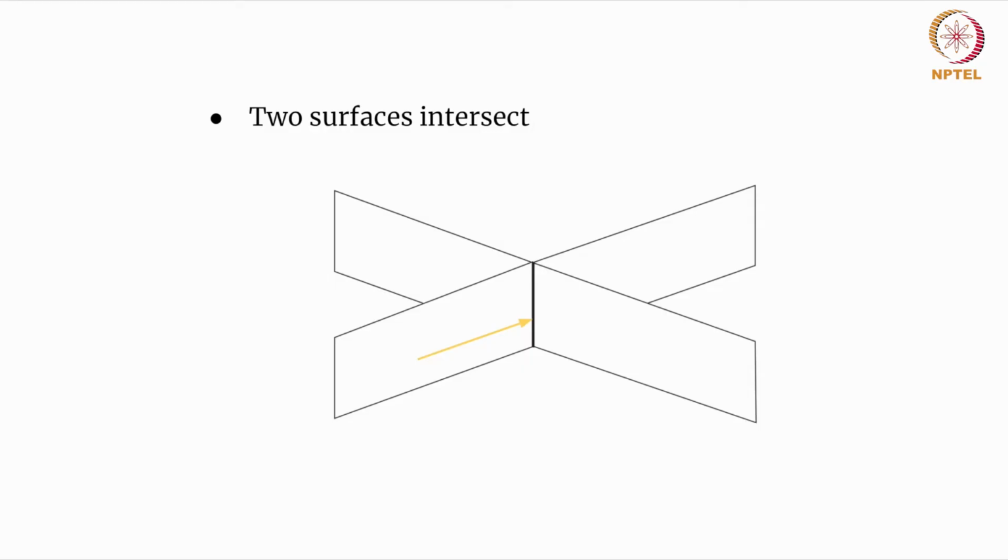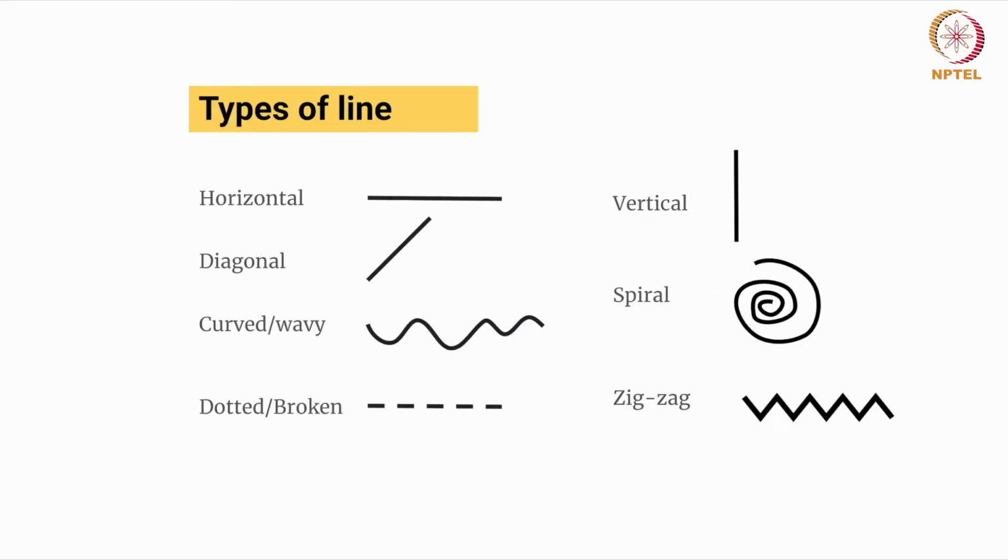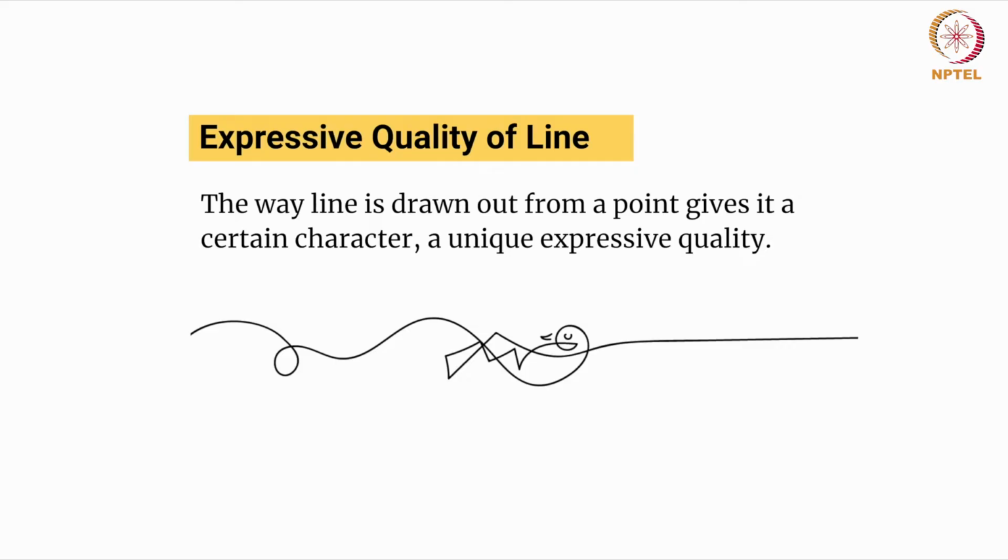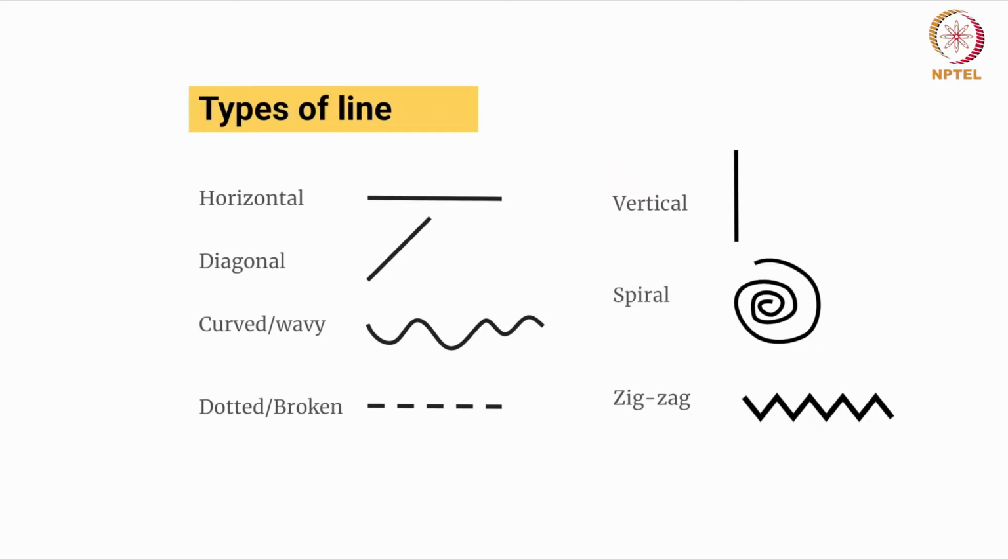Now there are different types of line, each with its own impact and maybe you can say its own meaning as well. Some of them which are listed here are horizontal lines, vertical lines, diagonal lines, curved lines, or we can say wavy lines, dotted or broken lines.